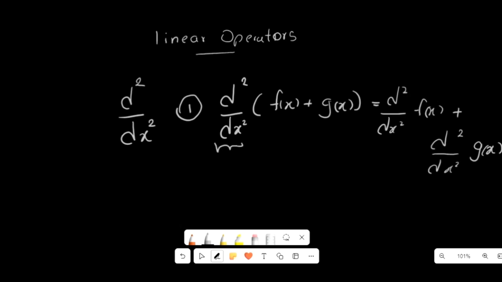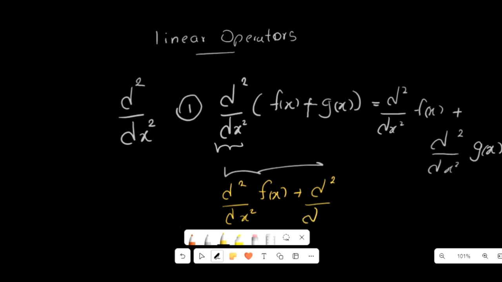This is a derivation. So when two functions are connected together by a plus sign, we can differentiate them individually, which means this.